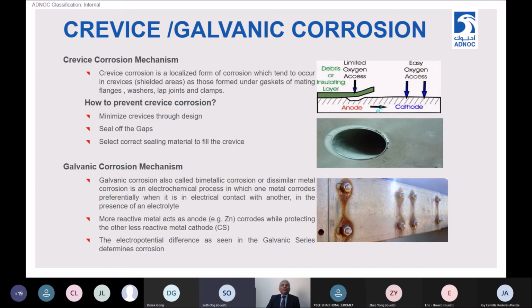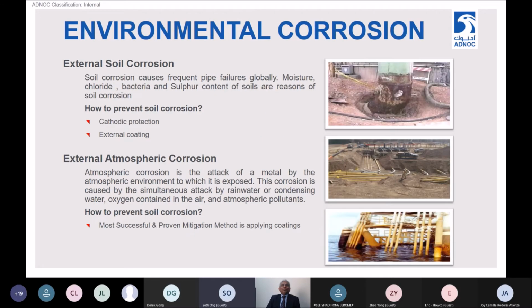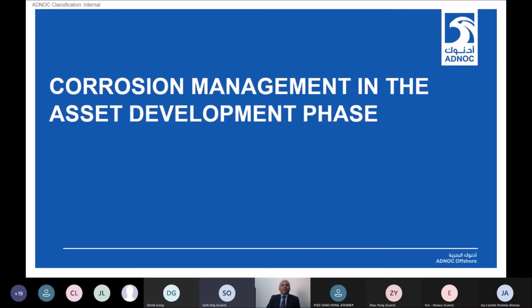Galvanic corrosion, we've looked at it from fasteners in outdoor environment, especially in combination with the galvanized parts. You can have corrosion where you have exposed carbon steel, for instance. Erosion corrosion damage, under deposit corrosion, external corrosion, external atmospheric corrosion.